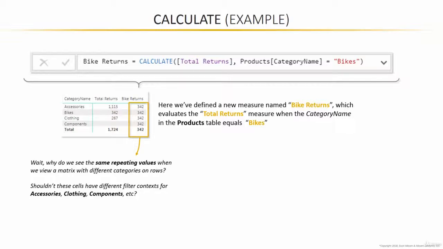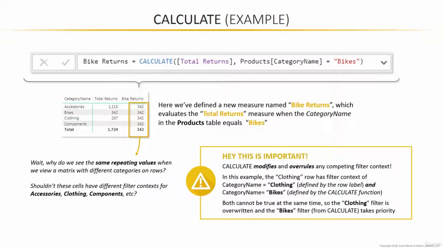So you may be wondering, shouldn't those cells have different filter contexts in the other rows, for the clothing row, for the components row? And this leads me to a very important point, which is that what calculate is actually doing here is modifying and overruling any competing filter context. Now let that sink in for a minute. Let's pay attention to the clothing row, for instance.